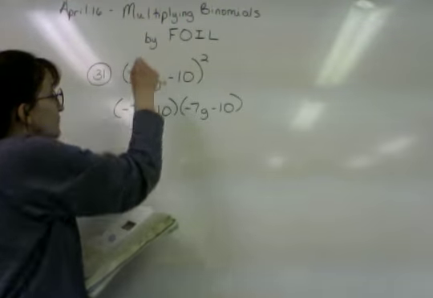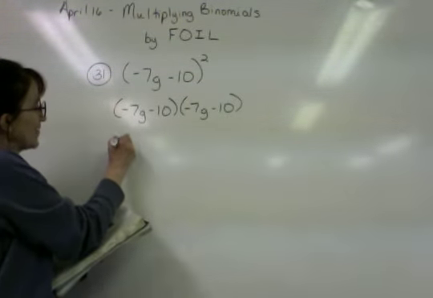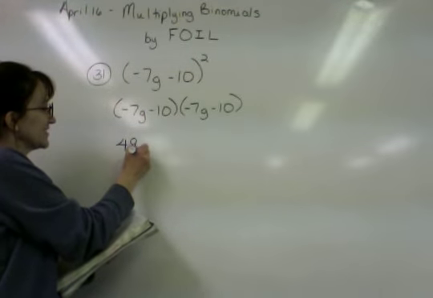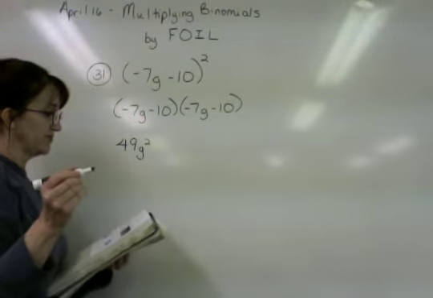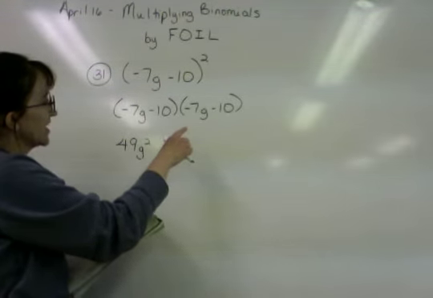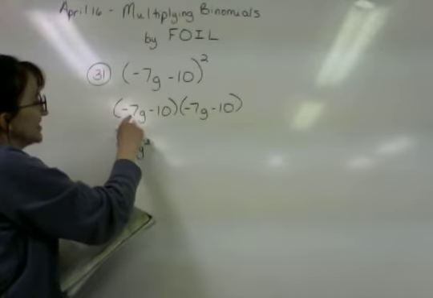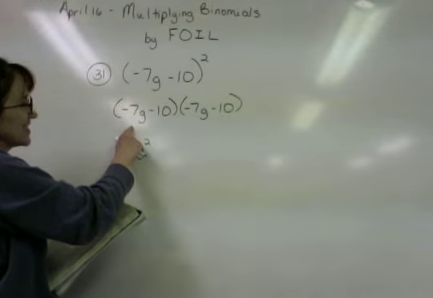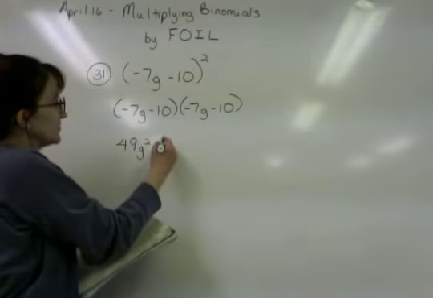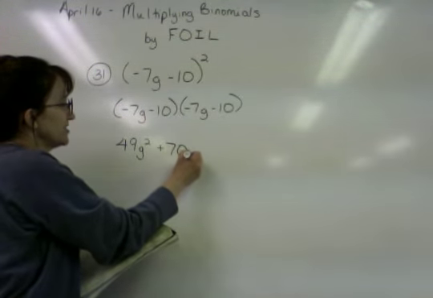It's right here with F. Then that's going to end up being a positive 49g squared, right? And then I'm going to multiply the outer, the negative 7g to the negative 10, which is going to make that a positive 70g.